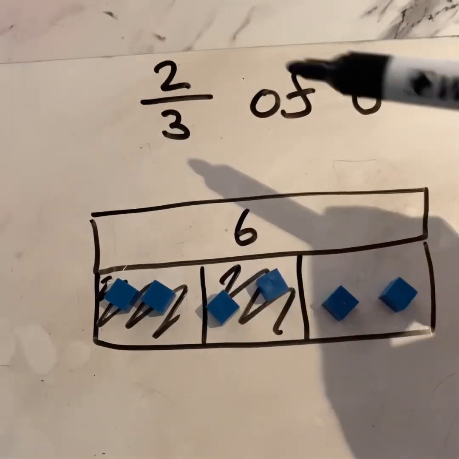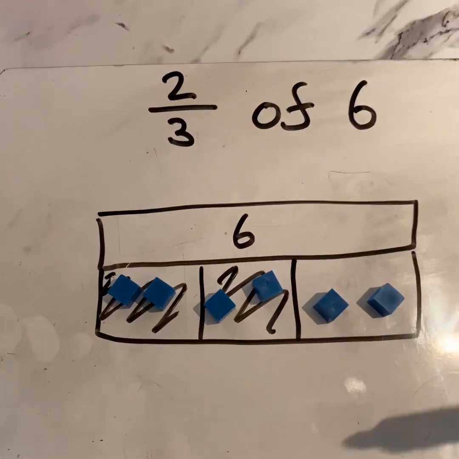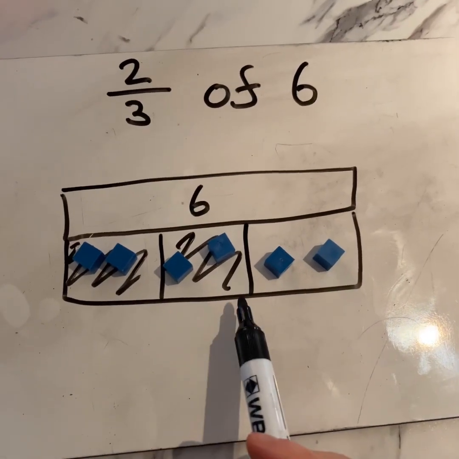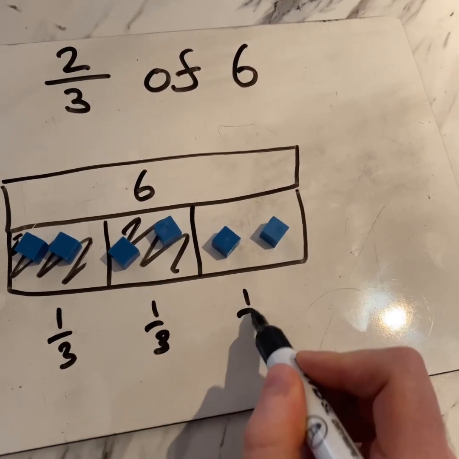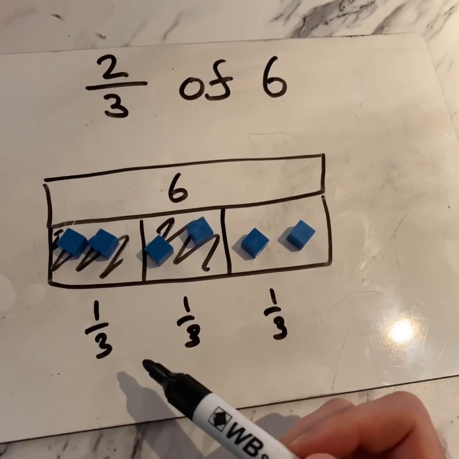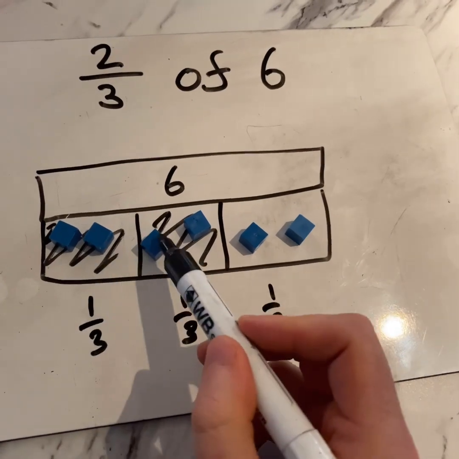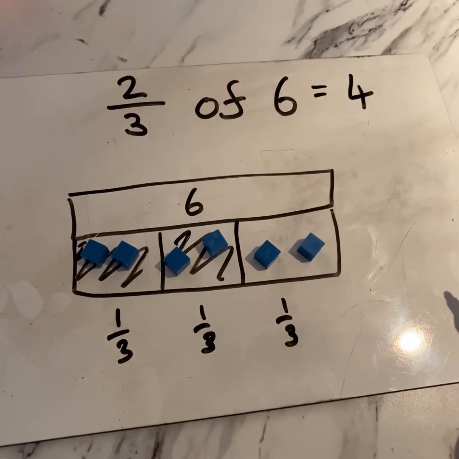Now, come back to my fraction again. We're trying to find 2/3 of 6. So that's 1/3, that's 1/3, that's 1/3. They're all thirds. And we're looking for 2/3. So 2/3 would be the 2 we've shaded in. 1, 2, 3, 4. 2/3 of 6 equals 4.